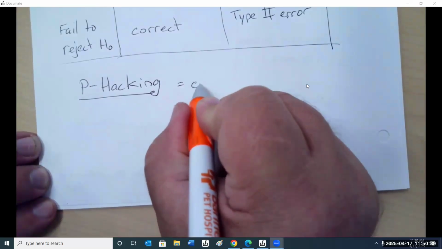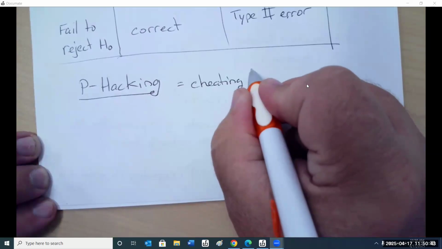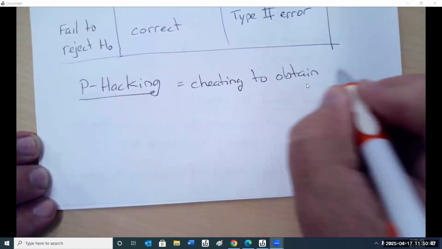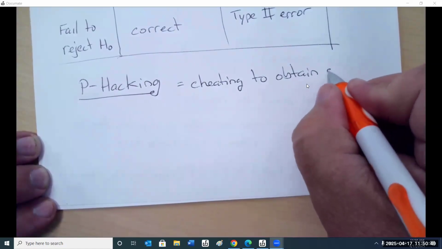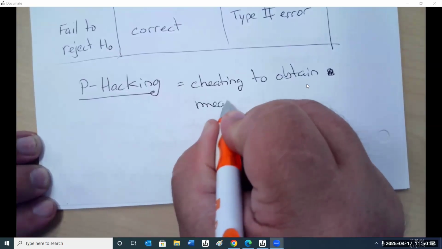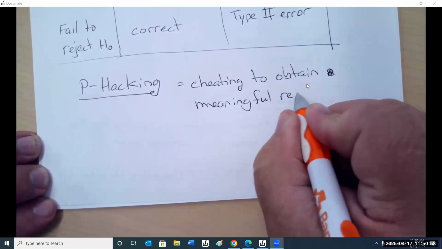P-hacking is cheating to obtain meaningful results.